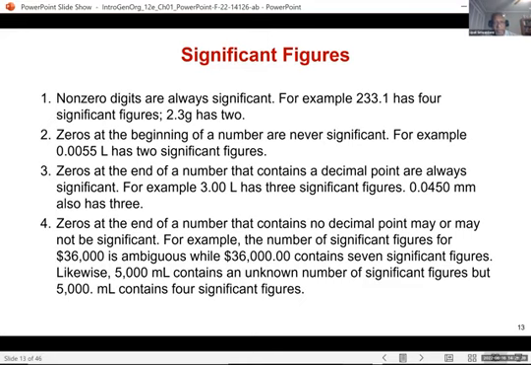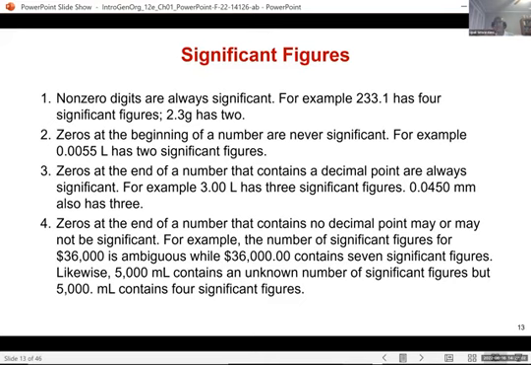Leading zeros are not significant. Trailing zeros before the decimal place, okay, let me take an example, 4,000.